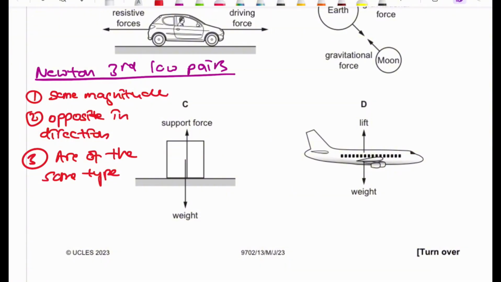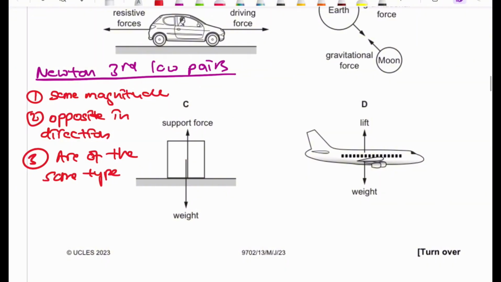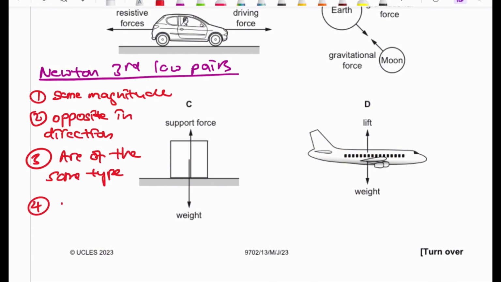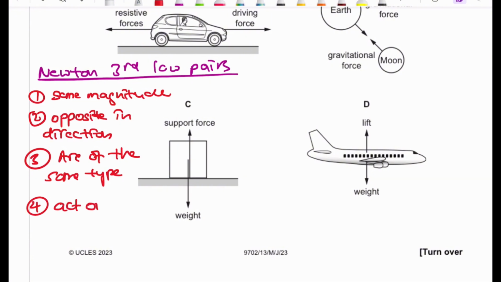If they're gravitational forces, they both have to be gravitational forces. Number four, they act on different bodies. So basically these are the proper characteristics of Newton's third law pairs.